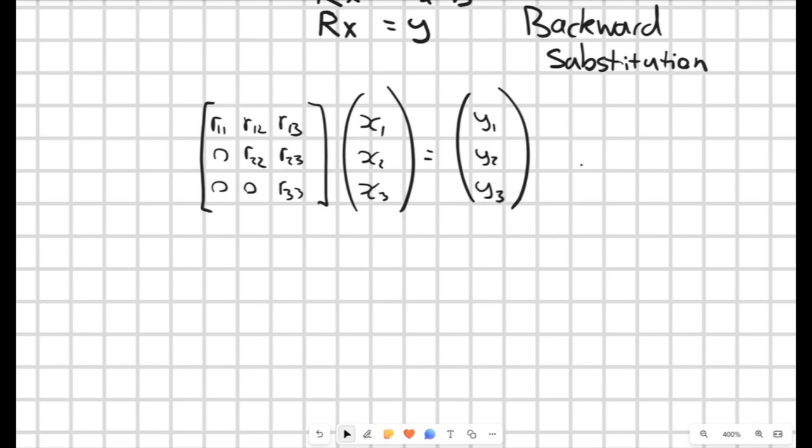With backward substitution, what we're going to do is start off solving for x3, then we move backwards to solve for x2, and then for x1.